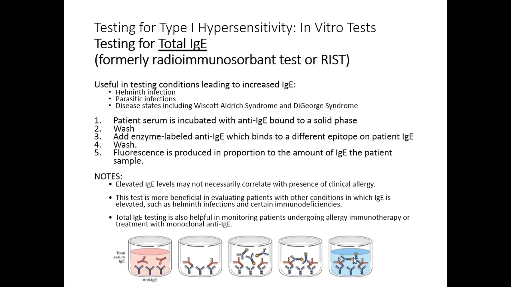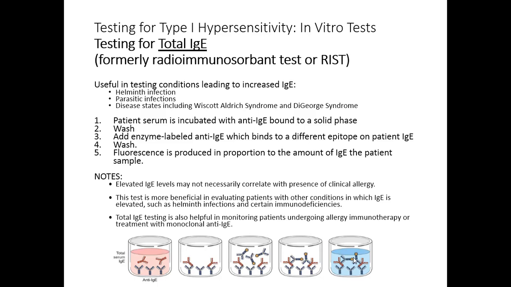As I said, total IgE is helpful in monitoring things. It's not going to necessarily correlate to current clinical allergies. The test could be elevated in a chronic condition like helminth infections.